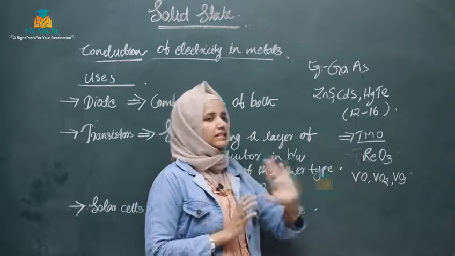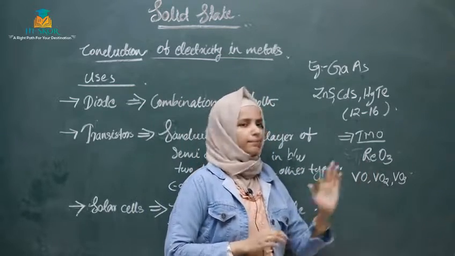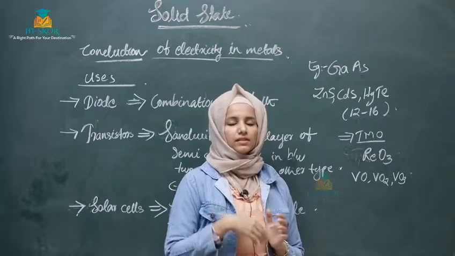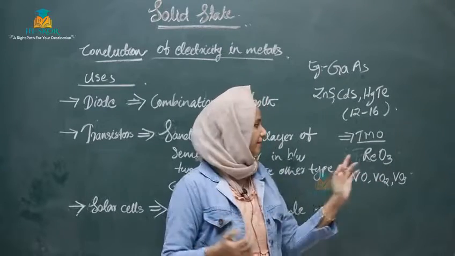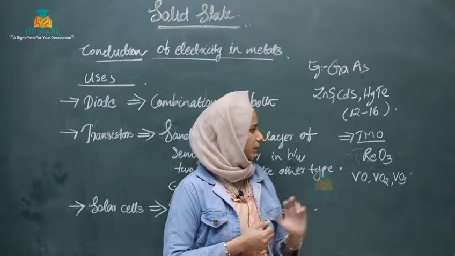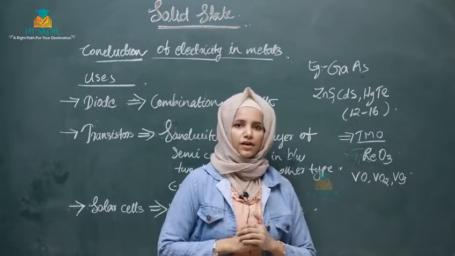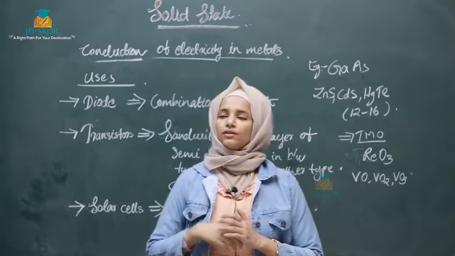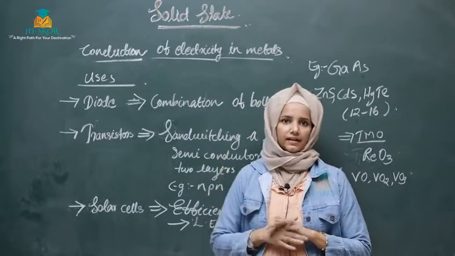For example, transition metal oxides can be prepared by doping. Example, rhenium oxide ReO3, which in appearance is the same as metallic copper. Or we can prepare by doping vanadium oxides, a variety of oxides of vanadium. So these are the uses and properties of semiconductors.